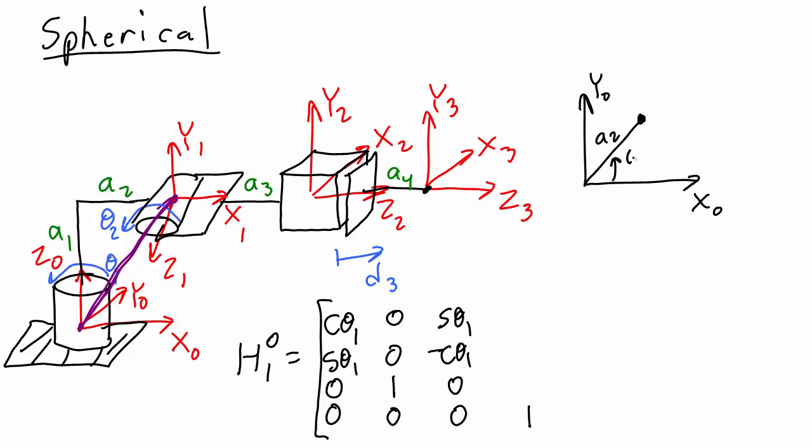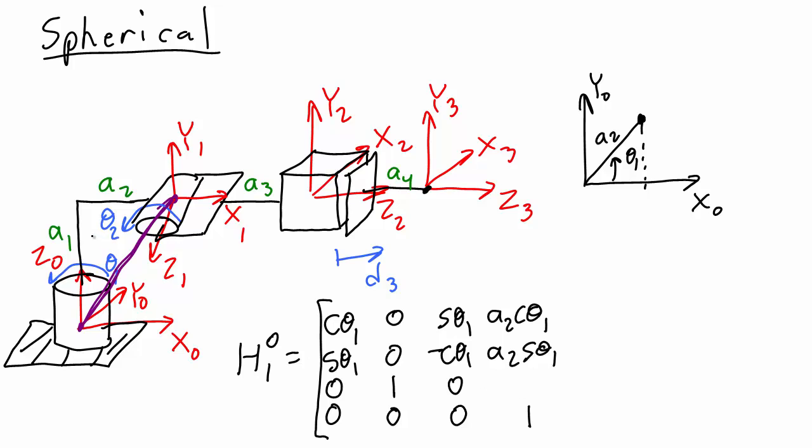And this is the rotation theta 1. So the x value of the displacement will be equal to A2, the hypotenuse, times the cosine of theta 1. The y value of this displacement will be equal to A2 times the sine of theta 1.